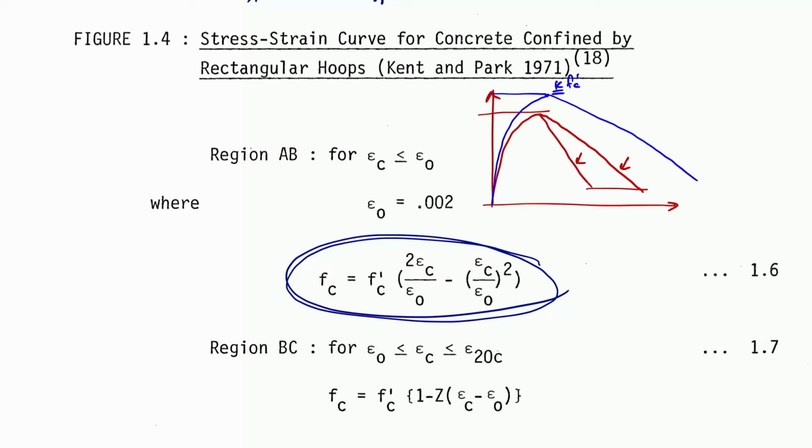You see the coefficient K in front of f'c. The K value is greater than 1, and it can be determined from the ratio and configuration of the hoop reinforcement. So you come up with the K, and the values here will be a little different, modified by K. Basically the backbone looks pretty much like the original Park and Kent, but with the K modification. So let's take a look at this one.